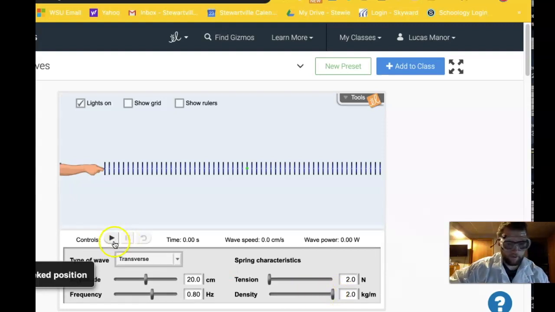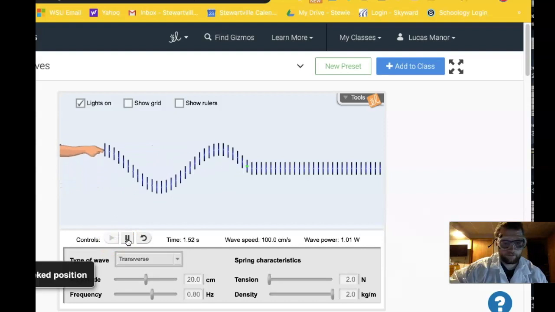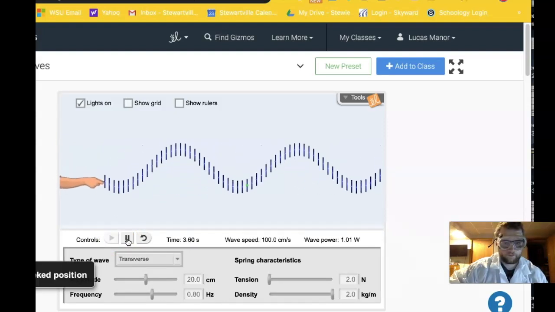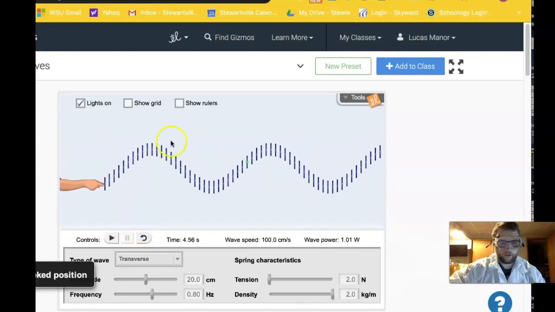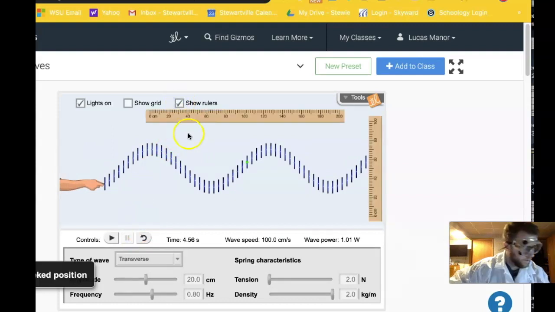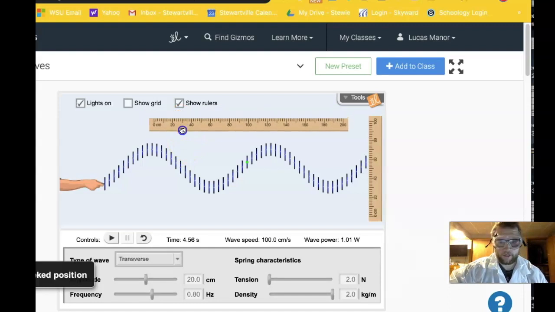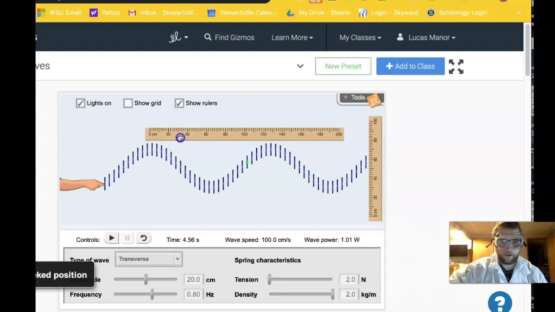And we're going to click play. And then we're going to pause it, and we're going to click show rulers. And we need to record the wavelength. And again, that is the distance from the tip of two crests that are next to each other, or 2 troughs.